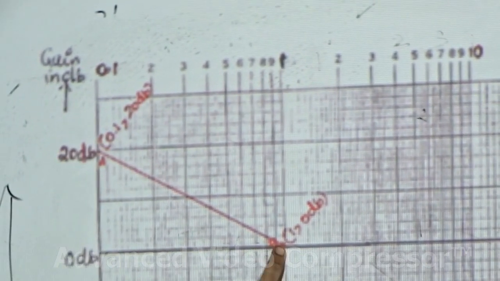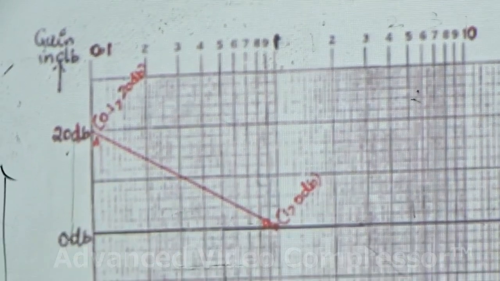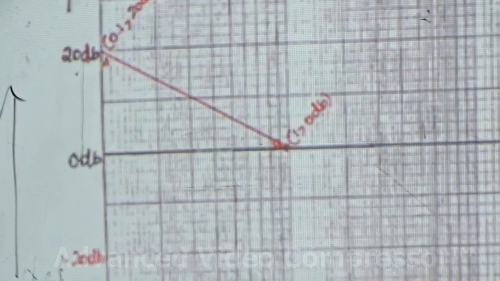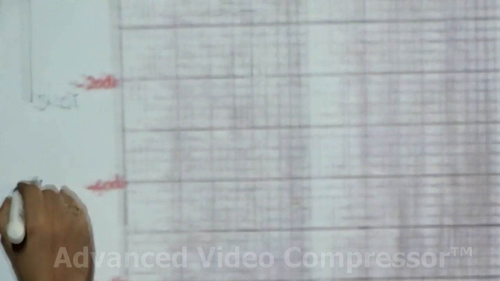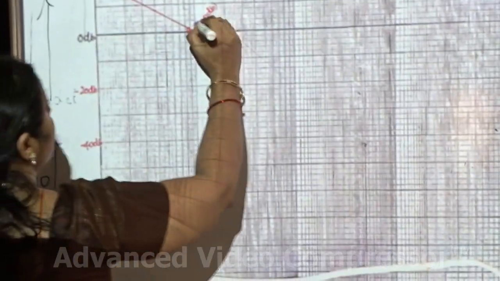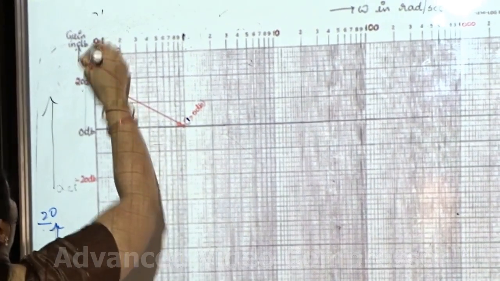Now I have to come down by 20. From here to here, the y-axis difference should be 20, and the x-axis difference should be 1 decade. So if this is 20, this has to be 0, and x has to be 1, since this is 0.1.